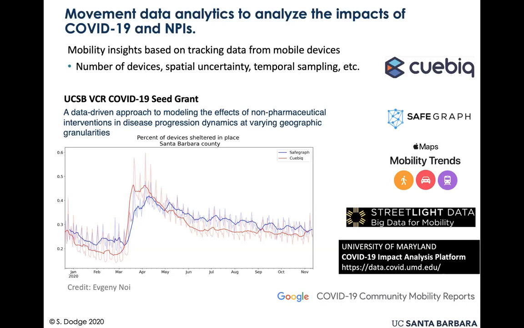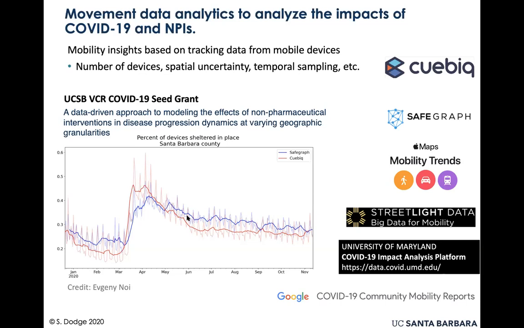But what interested me most was that because now we have a lot of data sets available to us, I was very interested in differences between the data sets and also the impact of scale on these mobility indices that we calculate.